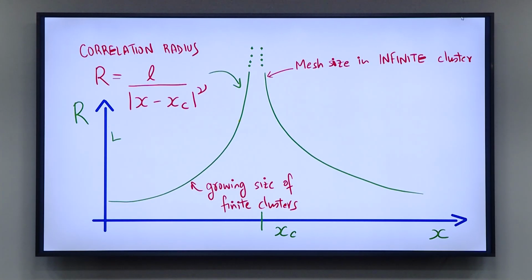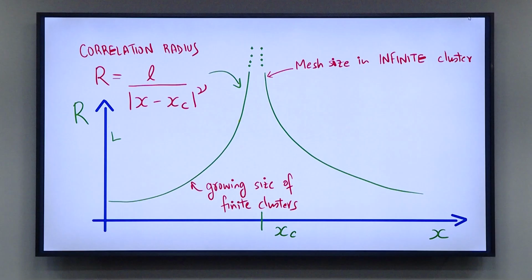The denominator is becoming smaller and smaller as X is closer to XC, so R is going to infinity. You can think of this as the growing size of the finite clusters. Small clusters, isolated atoms, bigger clusters, bigger, and when you reach the threshold, the size of the finite cluster itself becomes infinite.